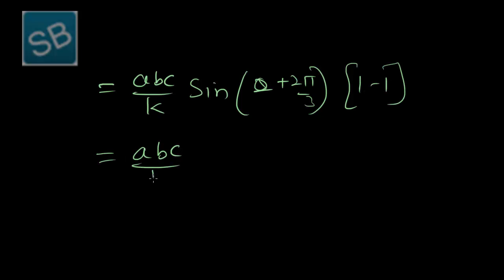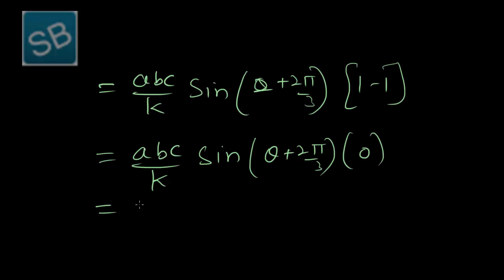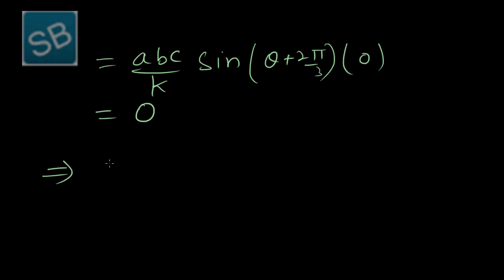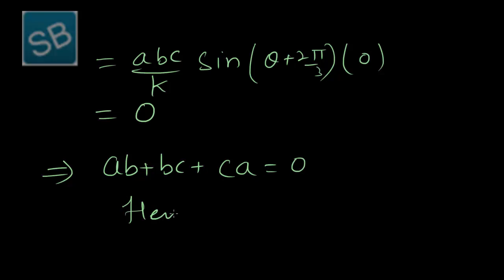So it is ABC over K sin theta plus 2 pi over 3 into 0, that is equal to 0. So we have proved the result, that is AB plus BC plus CA is equal to 0. Hence the result is proved.